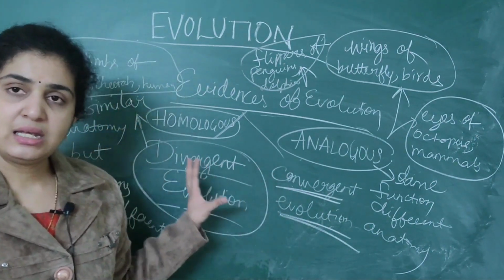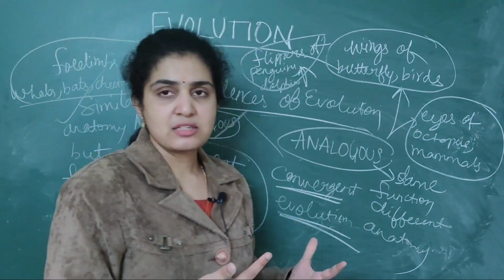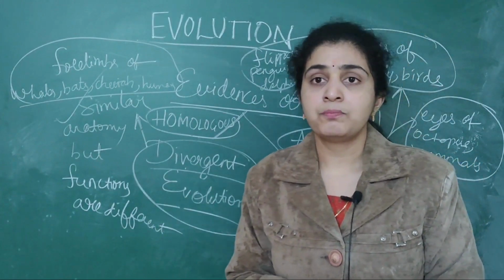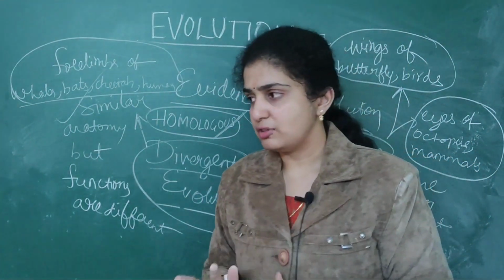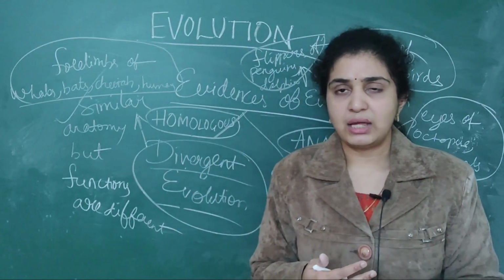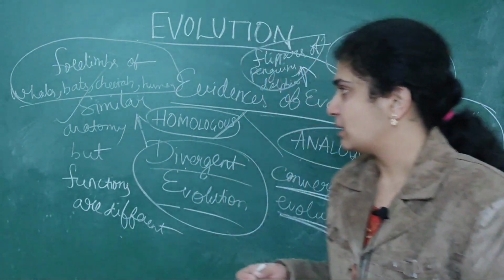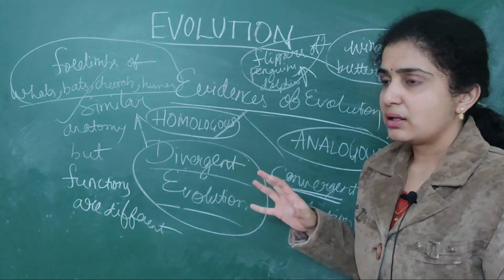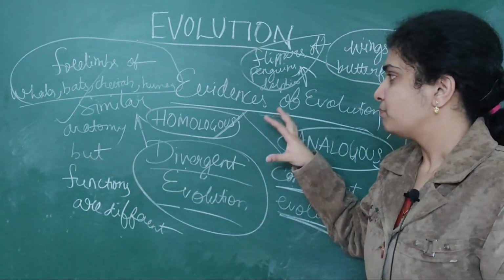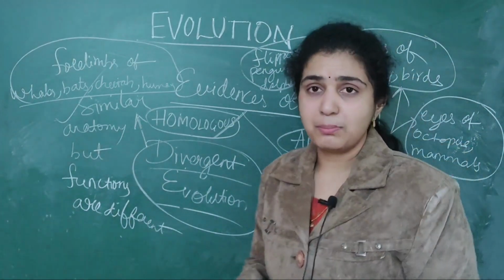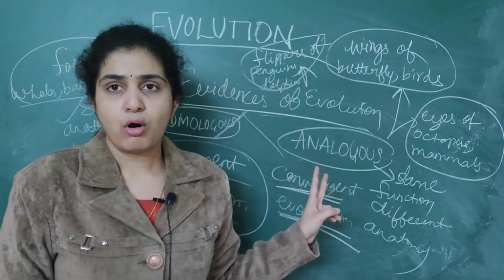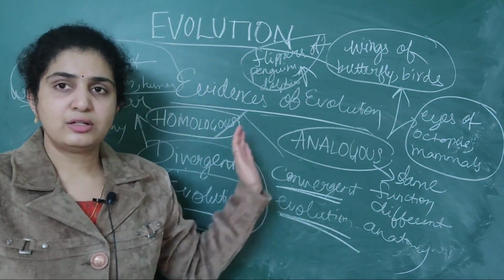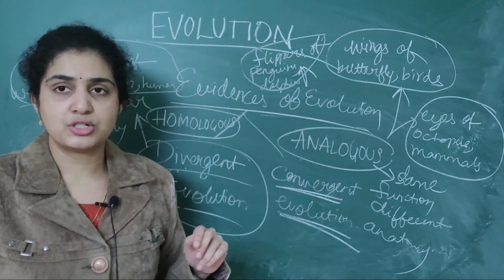So these are the main examples which are classified under convergent evolution as well as divergent evolution. Don't get so confused regarding this. I'll make it very clear for you. In the evidences of evolution, basically there are two types of evolution, that is convergent evolution as well as divergent evolution.